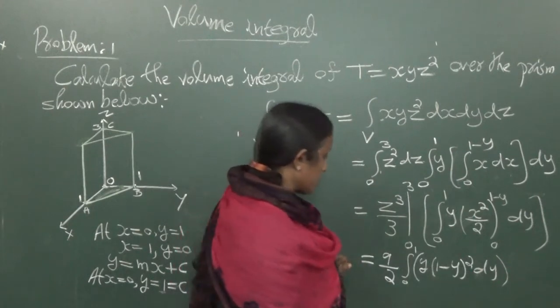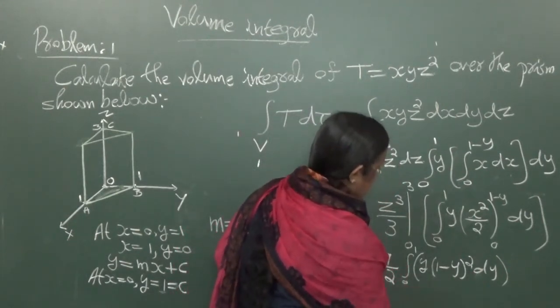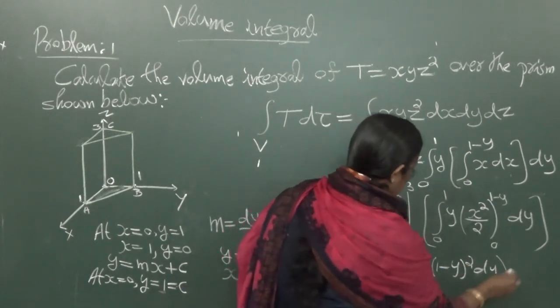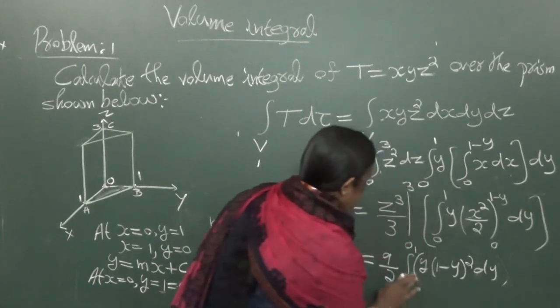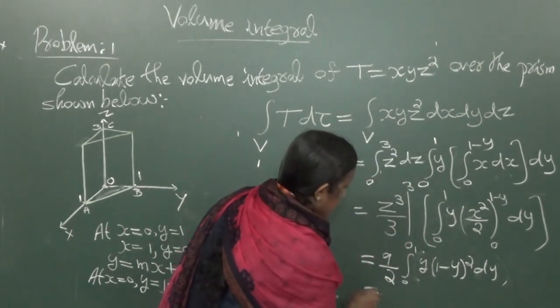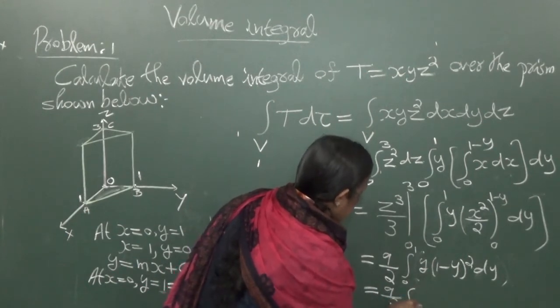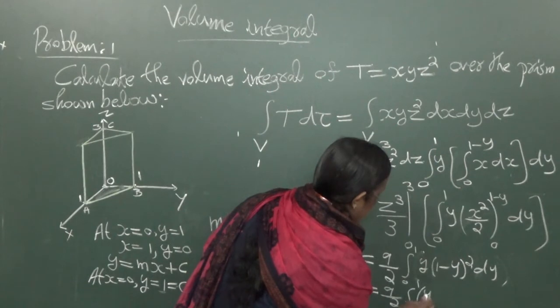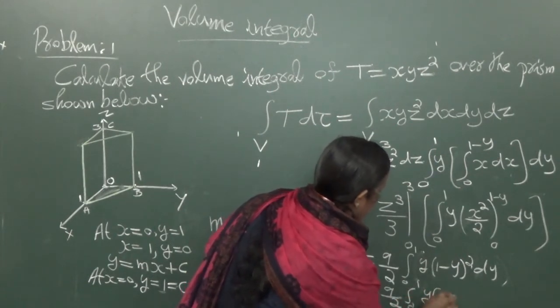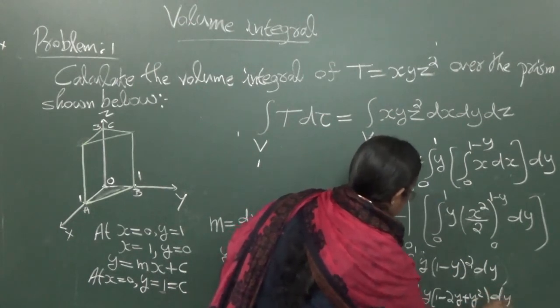This is the expression, so you can integrate this as you wish, in your own style. If you expand and simplify this, it gives you integral 0 to 1 of y into 1 minus 2y plus y square dy.